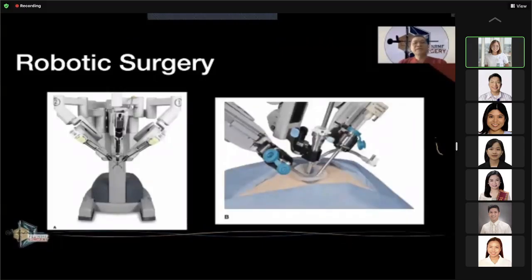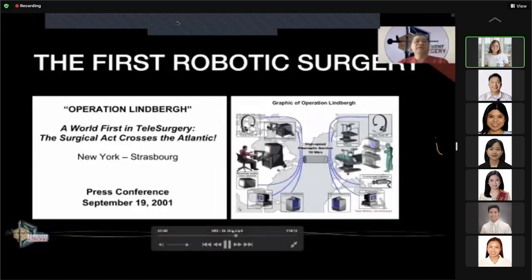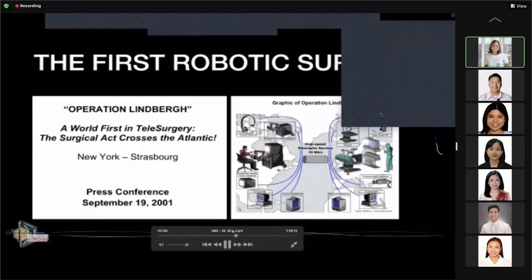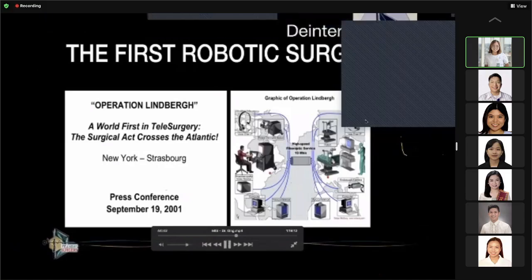So this is the robot, the Da Vinci robot, and you have the same instruments that you use for laparoscopy, but now they have a robotized arm. You know? This is the first robotic surgery performed in the world. It was in 2001, and it was performed by Dr. Marescaux.